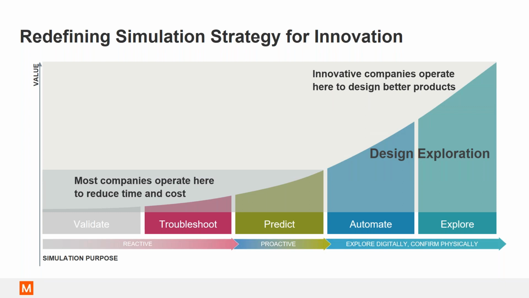When we talk about automating and exploring, we're getting more value from our existing simulation tools and processes. It allows us to explore the design space, as we've seen in the different examples, and that leads to innovation, improvements in the designs, new ideas, etc. So that's why we think this is important.